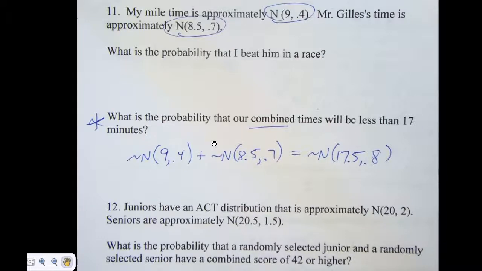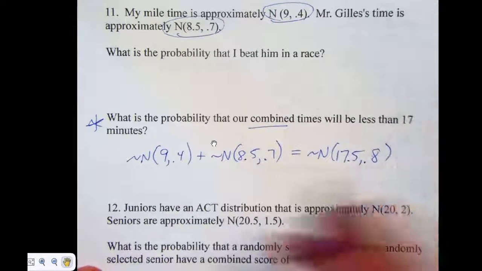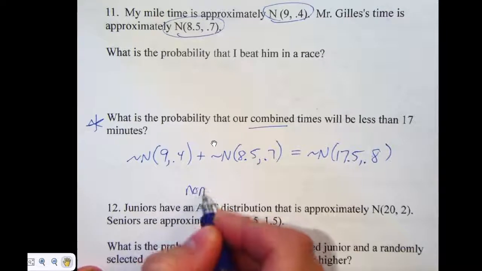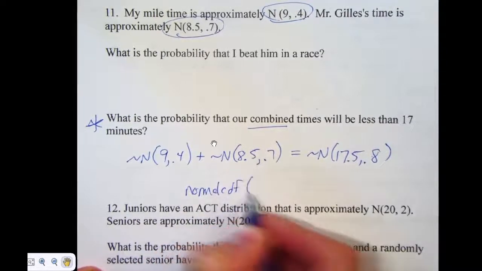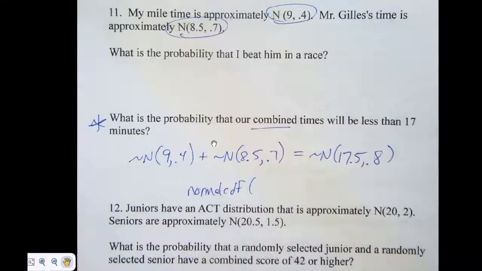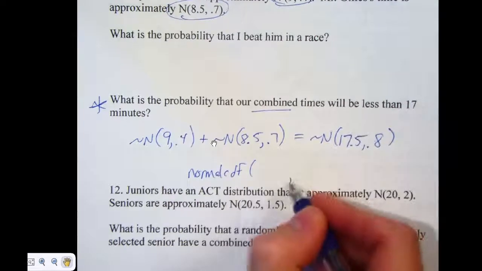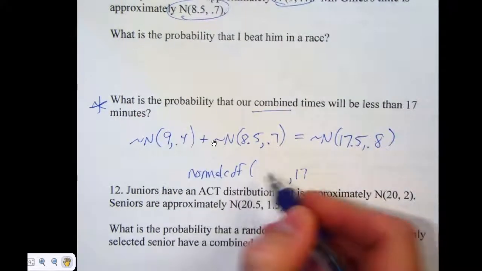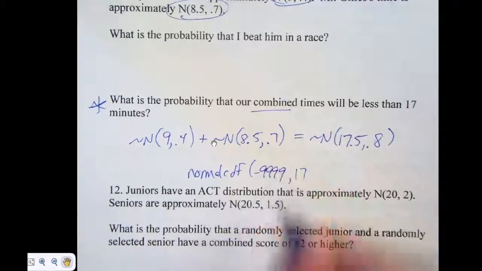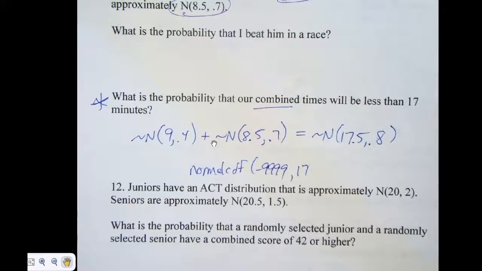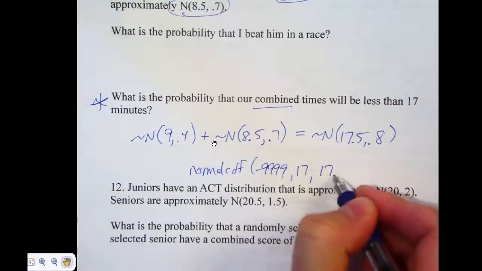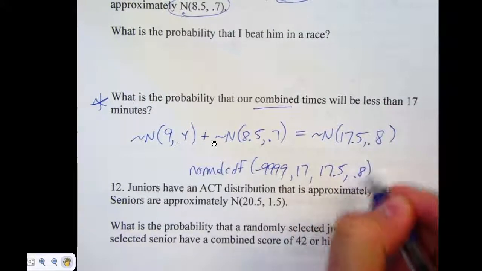So that's just the Pythagorean theorem thing. Now I want to know less than 17 minutes. So from what to what if I want to know less than 17? 17 at the top. What's the bottom? Like negative something, really negative. And then I tell the calculator the mean. Tell the calculator the standard deviation.